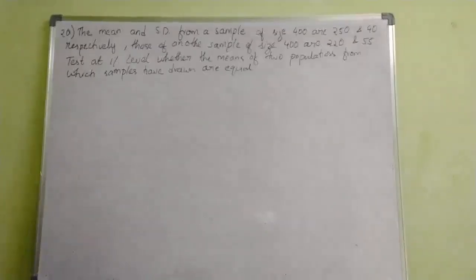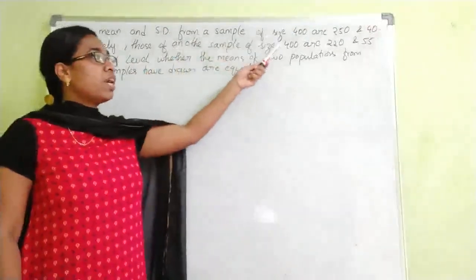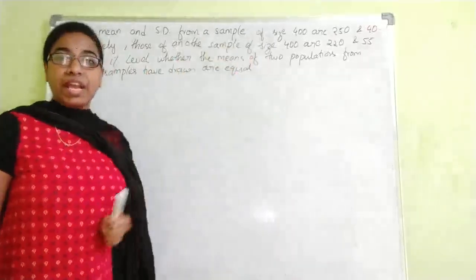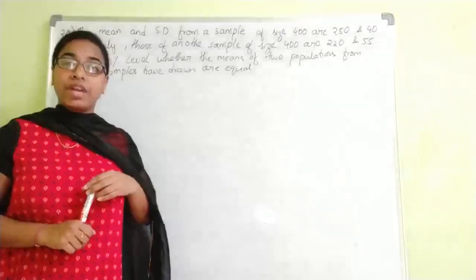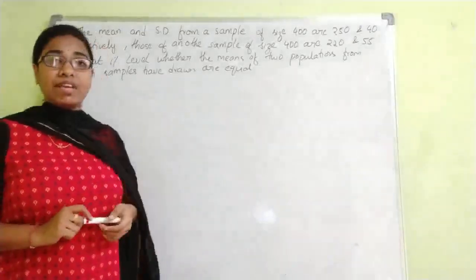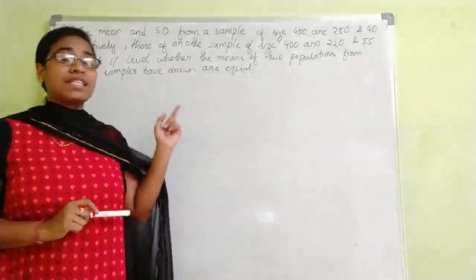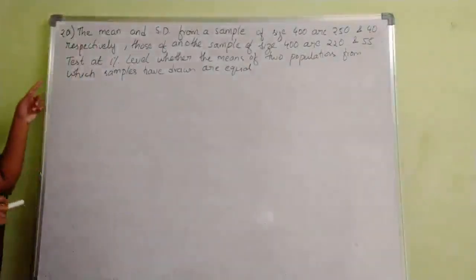Now the second question. The mean and standard deviation from a sample of size 400 are 250 and 40. So there is a sample of size 400, and for that sample, the sample mean is given as 250 and the sample standard deviation is given as 40, respectively.